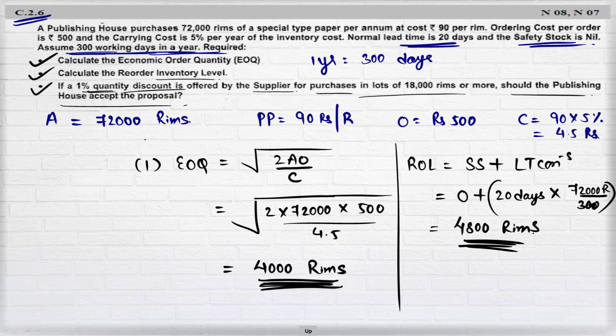What is the cost at current ordering quantity of 4,000 rims? Can I write down EOQ if I am writing 4,000 rims? Yes. Alright. I will be finding out the total cost at current EOQ level of 4,000 rims.